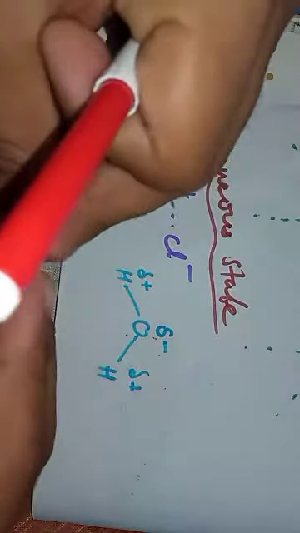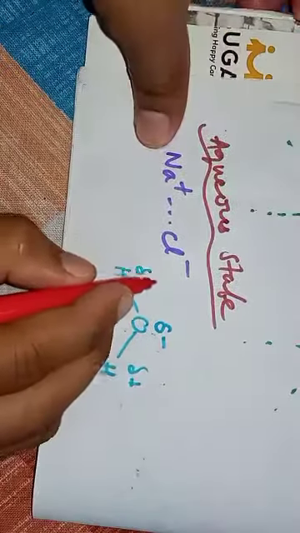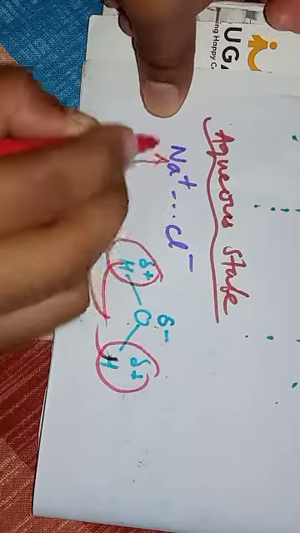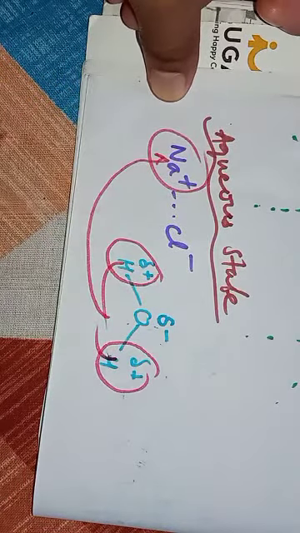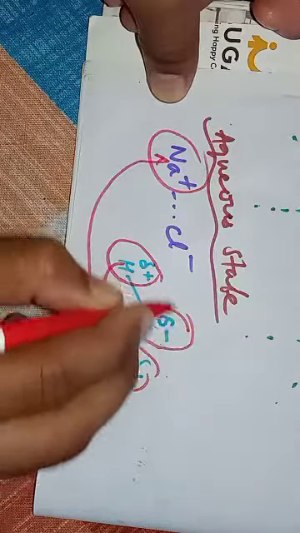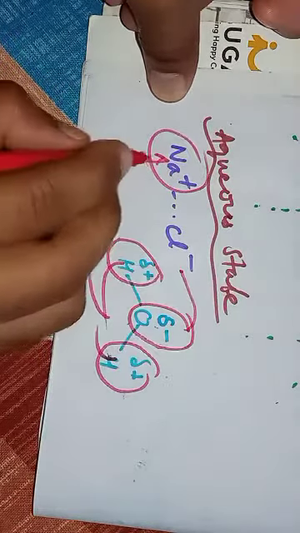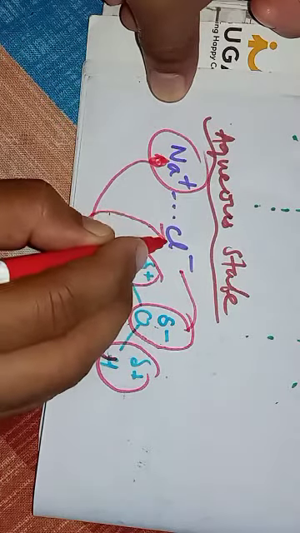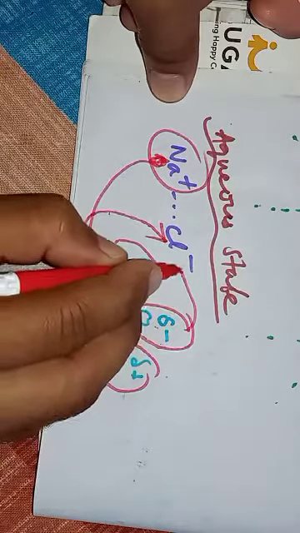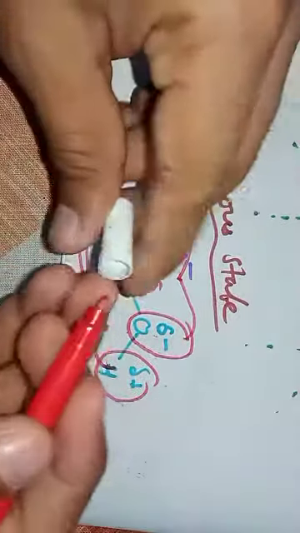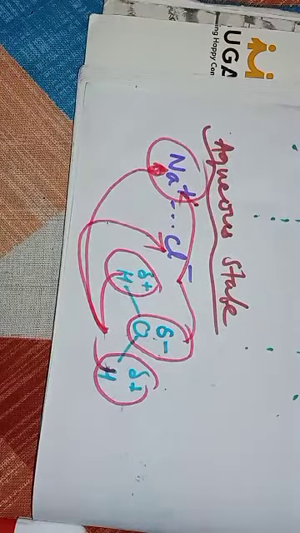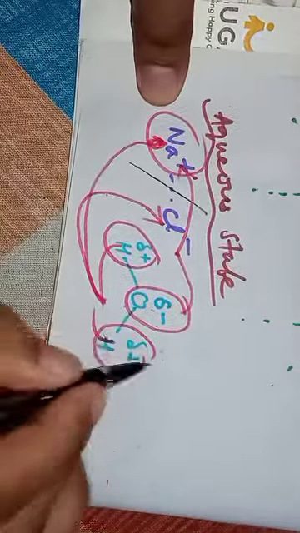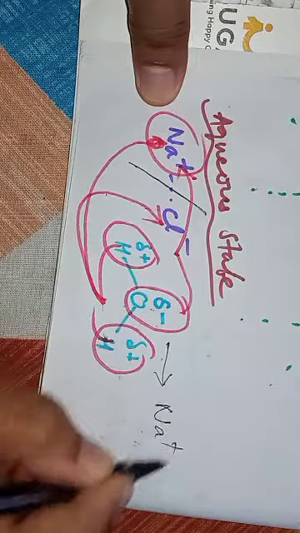Due to this polarity of the water molecule, the positively charged hydrogen atoms will attract the chlorine, and the negatively charged oxygen will attract the sodium. And this is why the electrostatic force of attraction, that is the bond, gets broken and it gets dissociated into Na+ and Cl-.